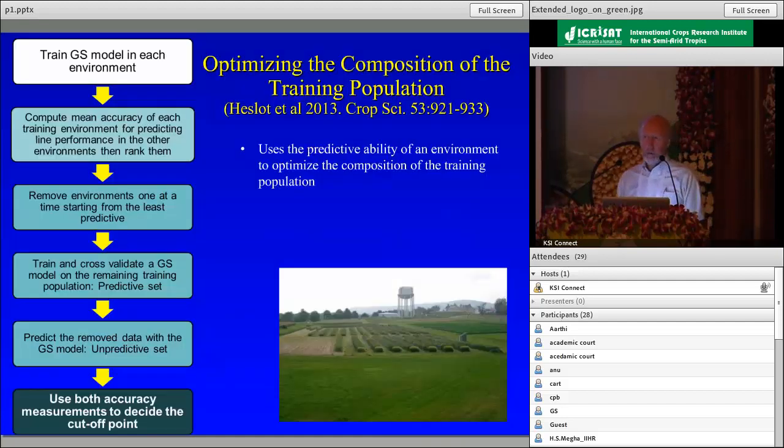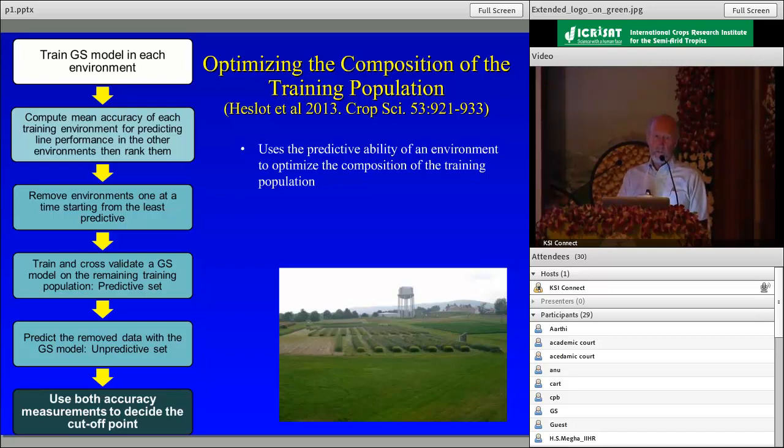In order to optimize the composition of the training population, he first started by taking each individual environment and building a prediction model for that environment, and then estimated its breeding values for all the other environments in order to get a mean accuracy for each individual training environment.